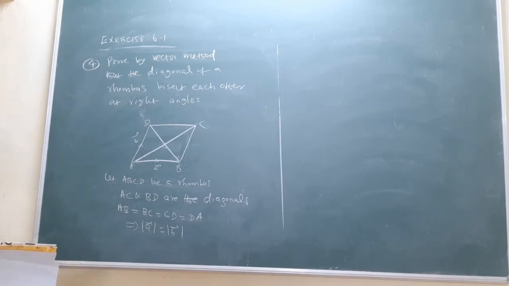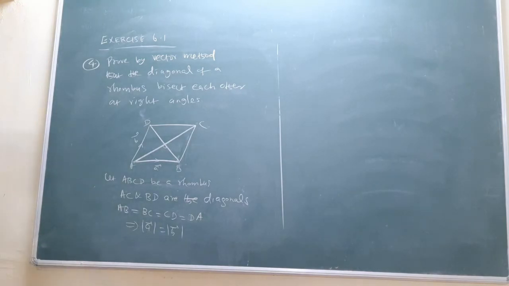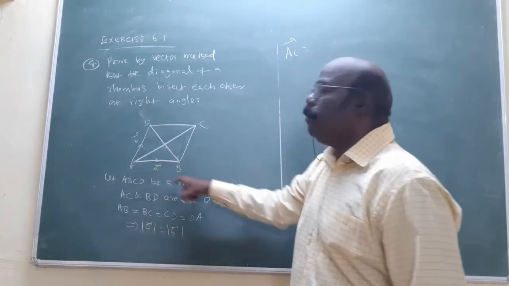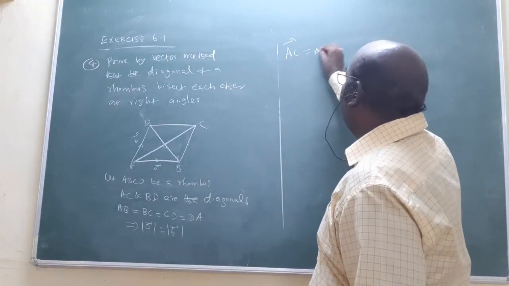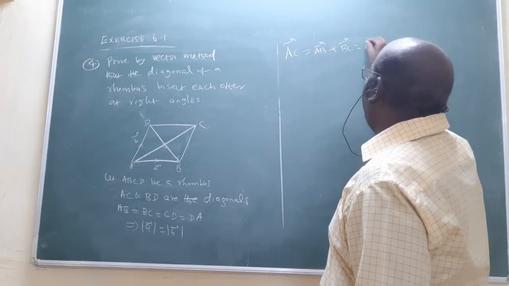Two parts. That's very important. Now, first I want to prove 90. That means what? Right angle. That's why I am finding AC vector and BD vector. Now AC vector can be written as AB vector plus BC vector. AB vector is a vector, BC vector is b vector.